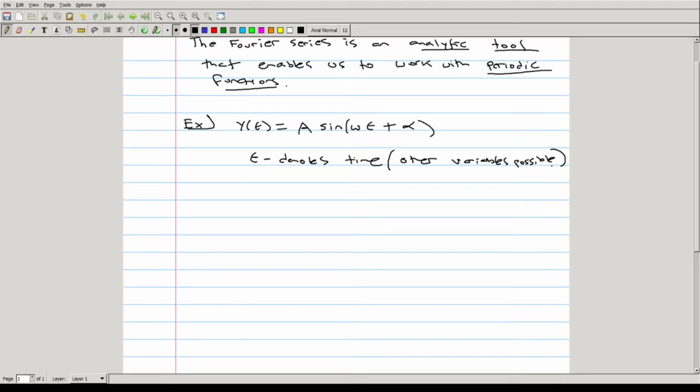I just like using t for the independent variable.